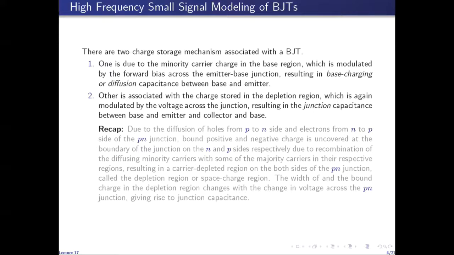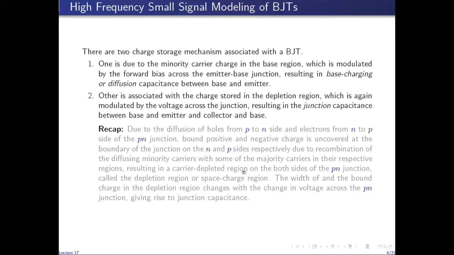So this recombination creates a net positive charge on the N side because of the loss of electrons due to recombination, and a net negative charge on the P side because of the loss of holes due to recombination with the diffusing electrons from the N side. So this bound positive charge on the N side and bound negative charge on the P side makes up what is called the depletion region.